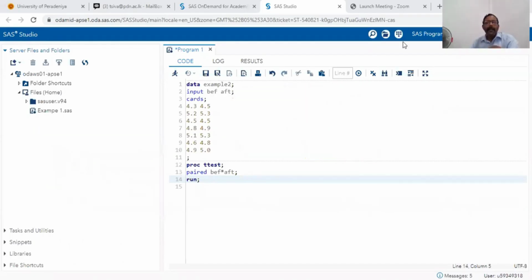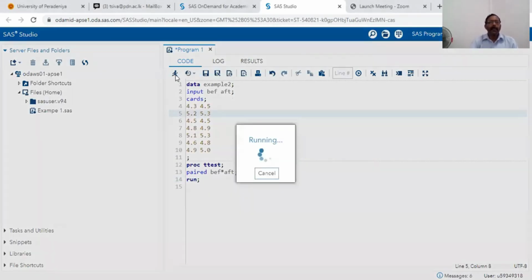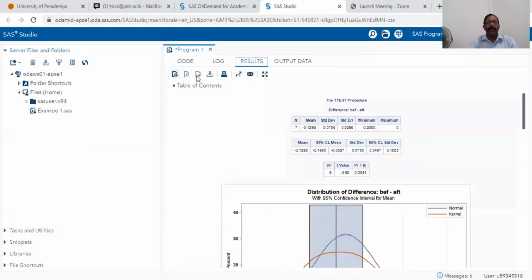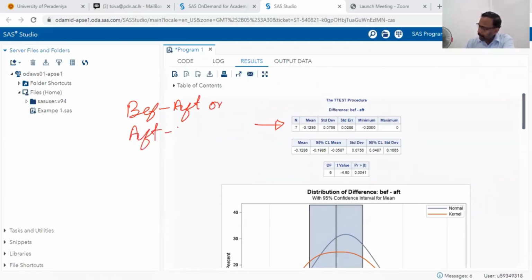Let's look at how the computer runs the program. Run the program and see. Now, after looking at the first table, can you guess what the computer has done? Whether it did before minus after or after minus before.